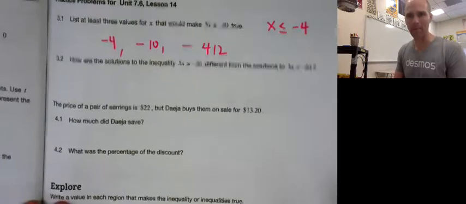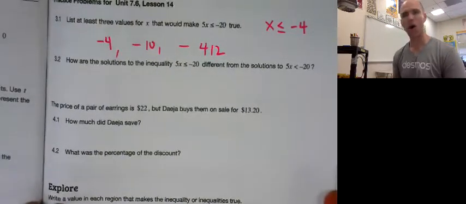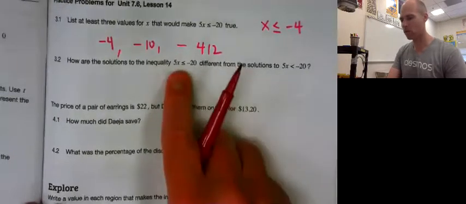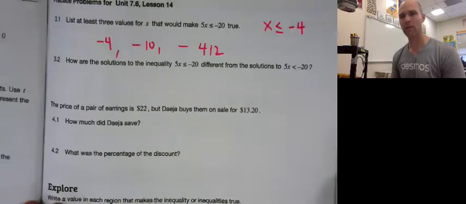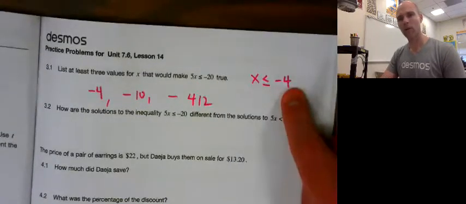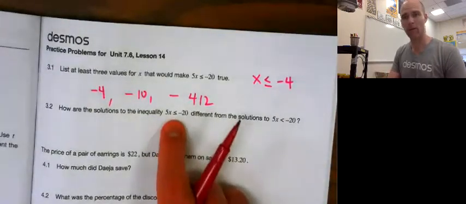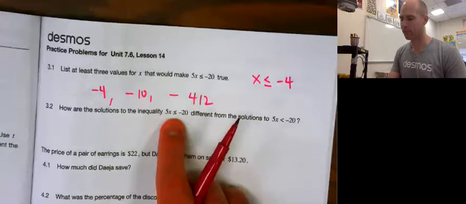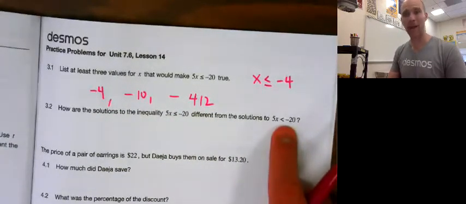These solution sets are exactly the same. All the same numbers make this one true and this one true, except for one single number, right there. Negative 4 is part of the solution set for this one because it's allowed to be equal. Negative 4 is not a part of the solution set for this one because it's not allowed to be equal.